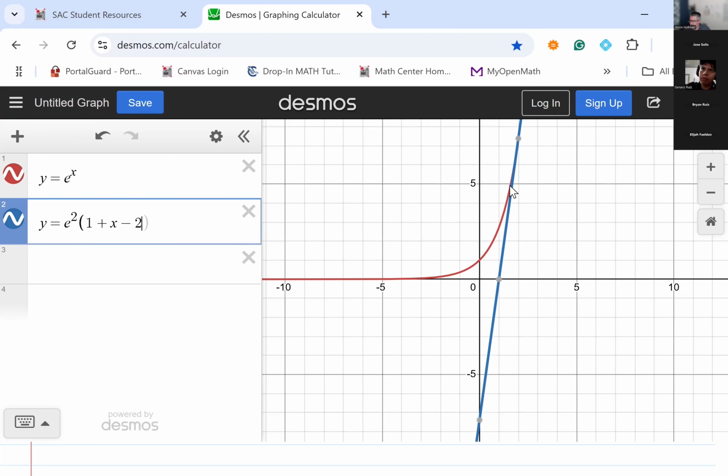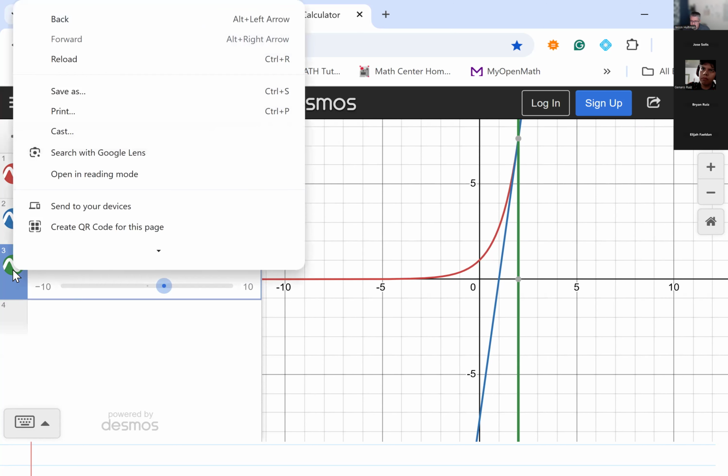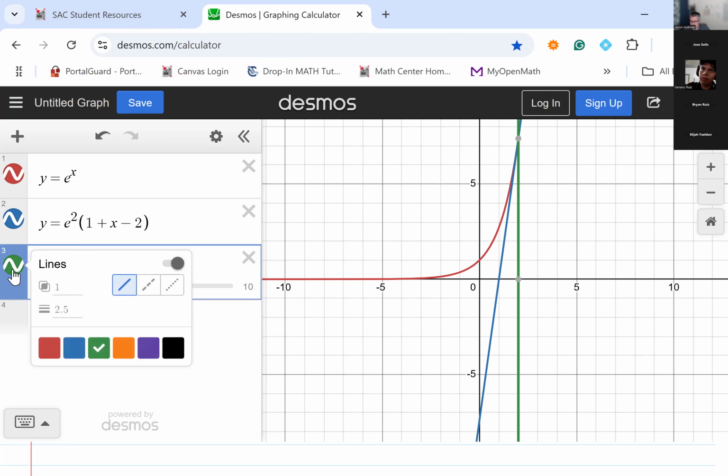I want to know what happens at x equals 2, so let's put in the x equals 2 line. I'm going to make this a dashed line if I can.